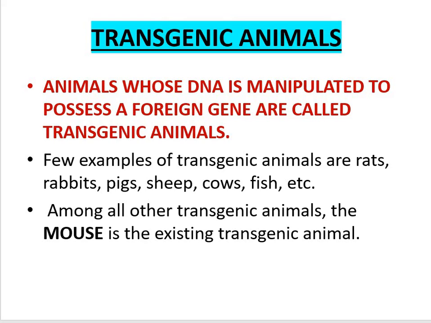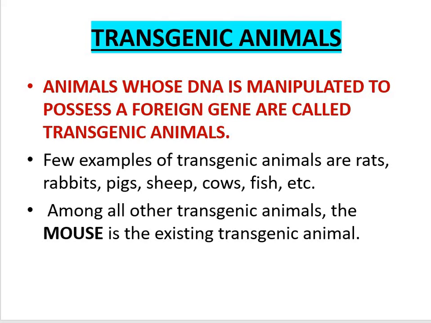For example, if some drug or medicine has to be tried on humans, then before trying on humans, trials are done on transgenic animals. These transgenic animals are animals which have human genes. Hence, the results are going to be very similar to what you would get if the same drug or medicine was tried on a human.